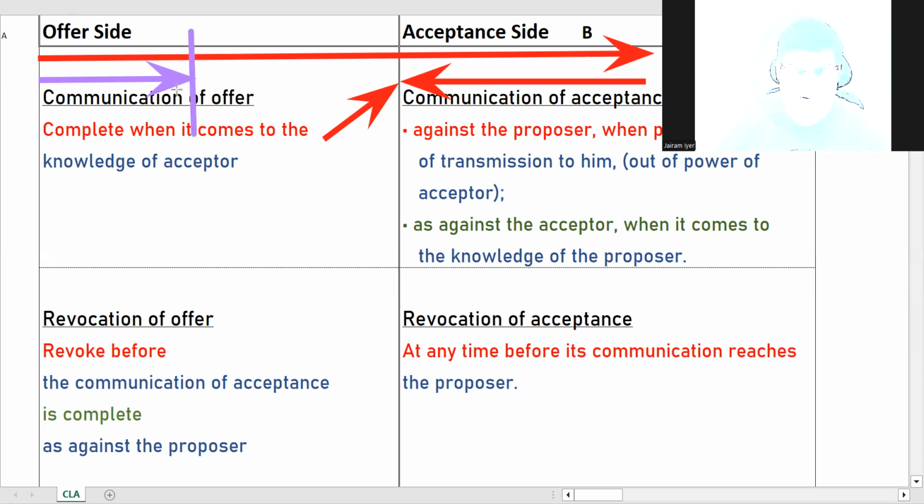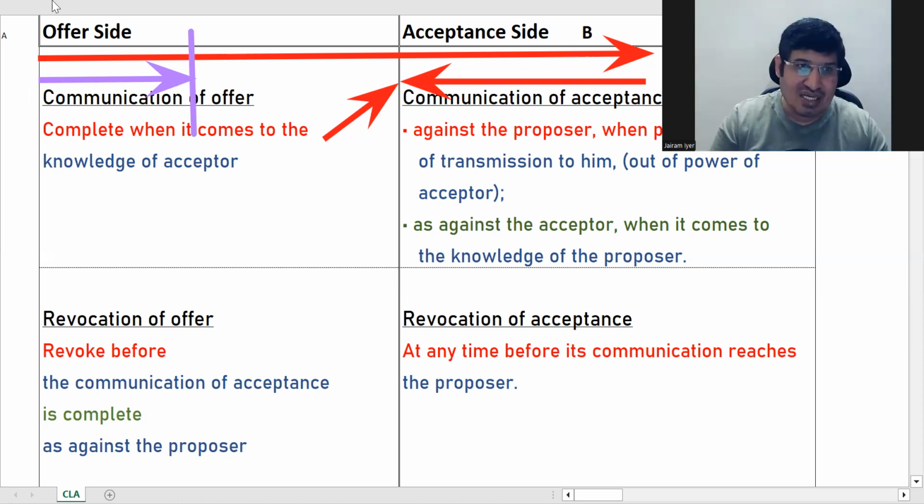We are not saying revocation is complete. Once he has posted, his communication is complete.